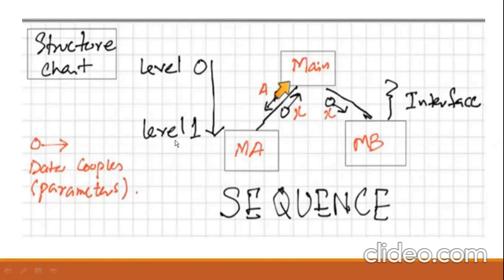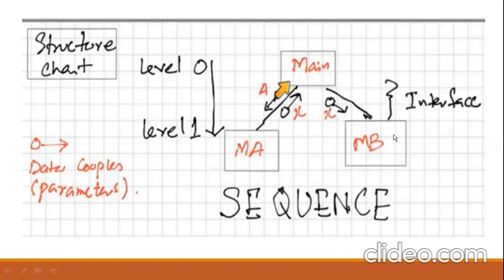And furthermore, if we have another layer after level 1, that layer will be called level 2, and so on. So these are the terminologies associated with the layers of the structure chart. The top layer is called level 0, then level 1, then level 2, and so on.